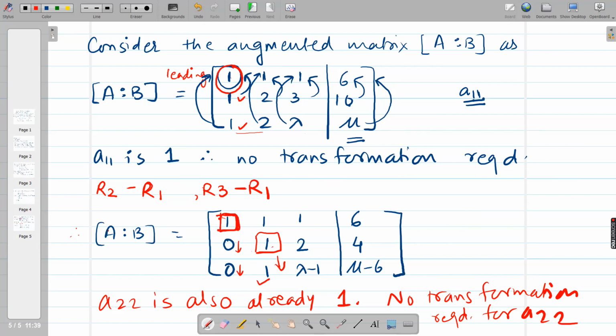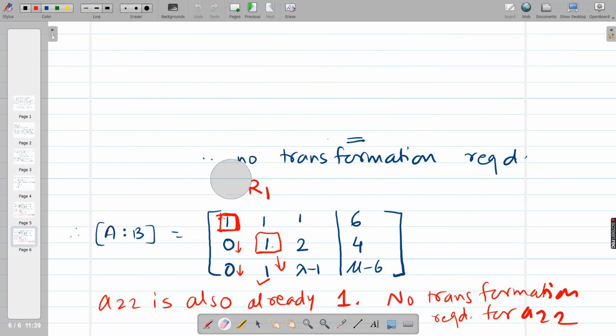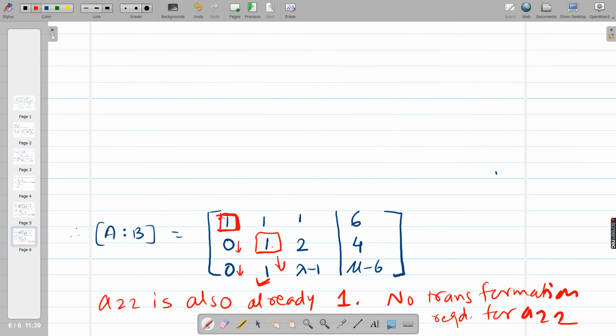So I should make this one to 0. And therefore, now I want to make, so this was my second matrix, and I want to convert this one to 0 using R2, because this 0 should not be changed.